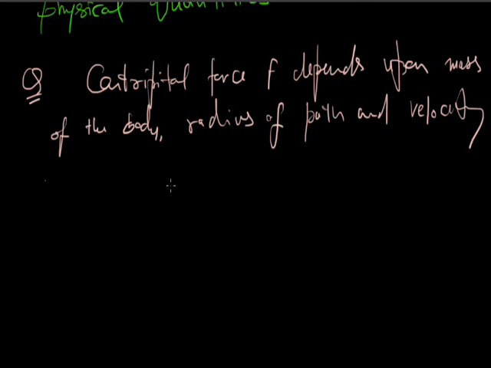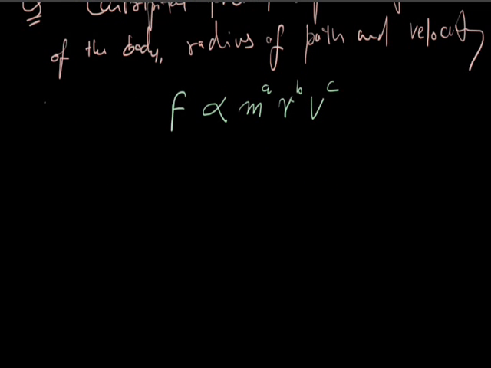Then we know that force is proportional to mass raised to the power A, radius raised to the power B and velocity raised to the power C. This is the general pattern to establish the formula. Now F is equal to K, a constant, m raised to the power A, r raised to the power B, v raised to the power C. Now put the dimensions of each term.